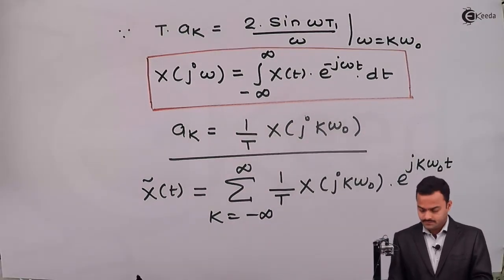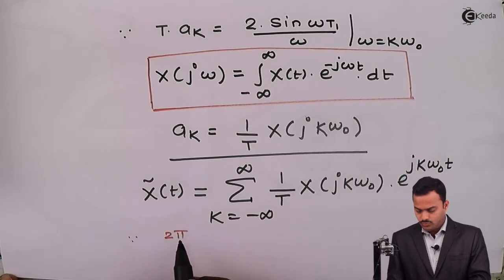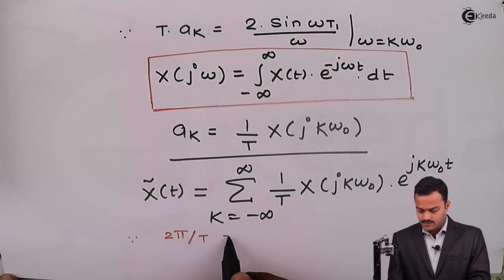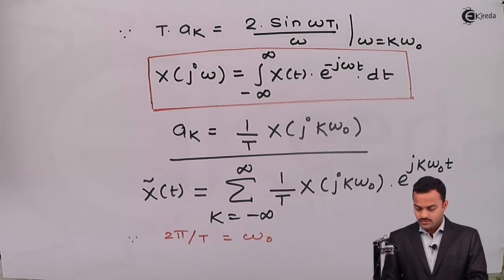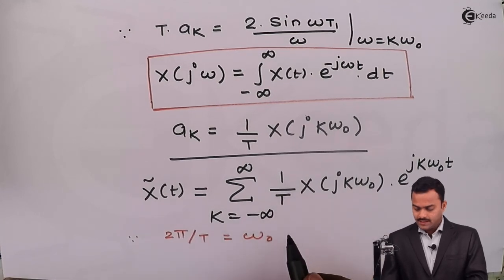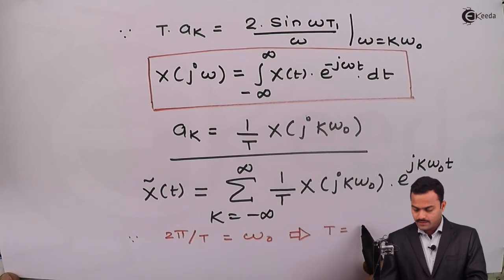Since we know 2 pi by T is nothing but the fundamental frequency omega 0, I can replace T by 2 pi by omega 0.